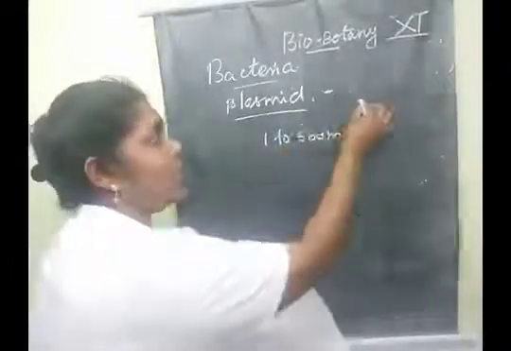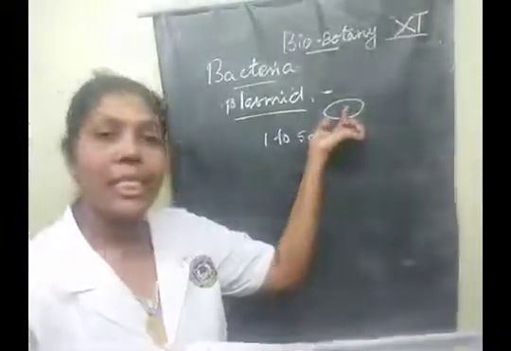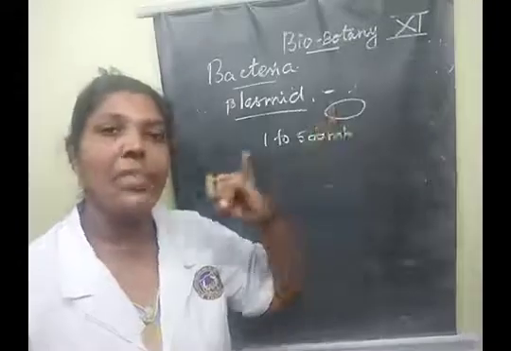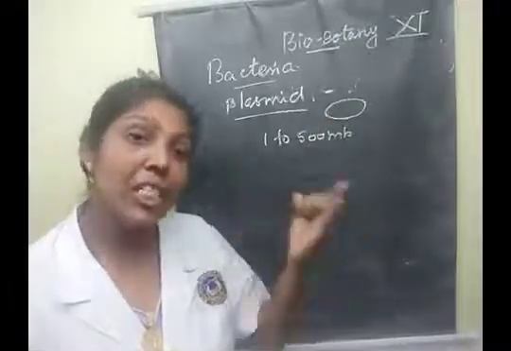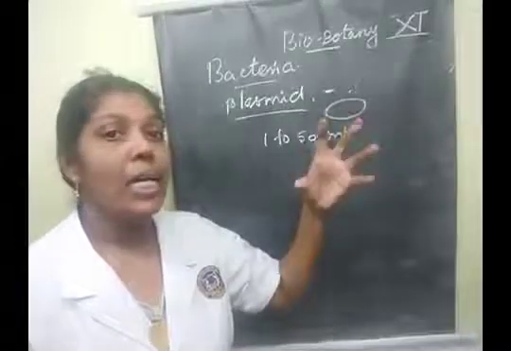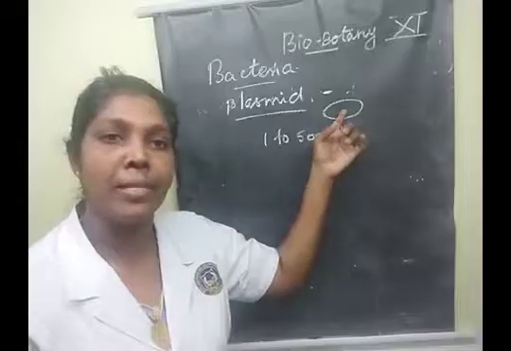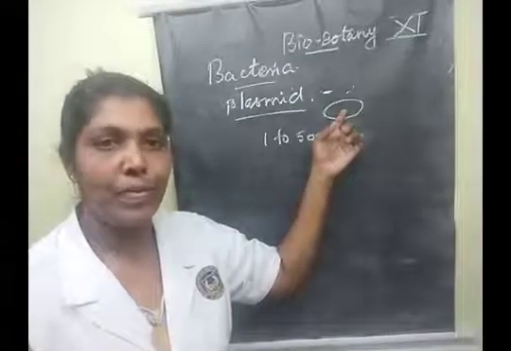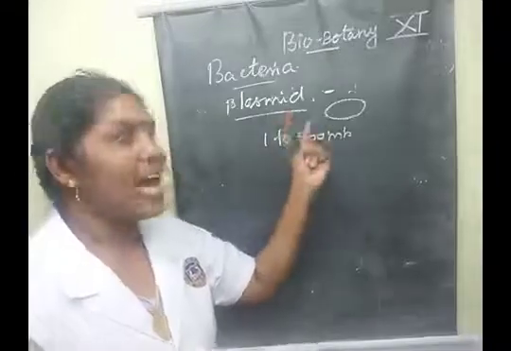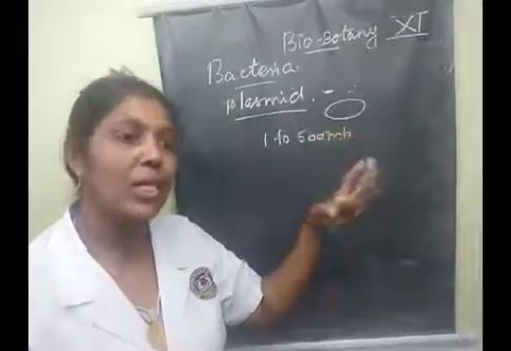Next one, the genes present in plasmids. The plasmids carry certain genes: fertility genes, resistance genes, and also genes for heavy metals. Clear, children? Yes. Next, these plasmids produce toxins and bacteriocins.